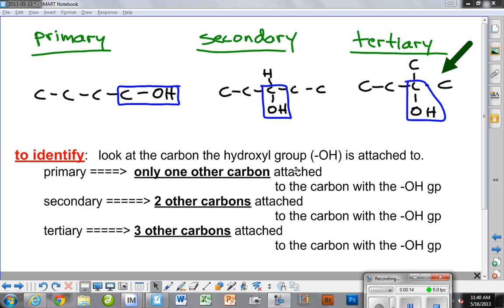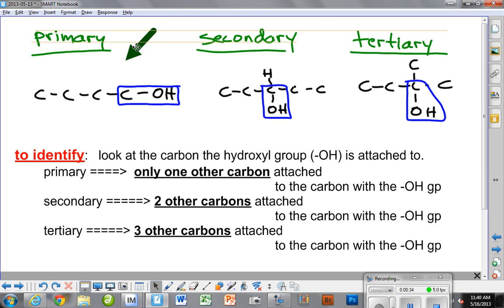The first thing that I did in class, after everybody had a chance to get things copied down, was to look at the primary, secondary, and tertiary lesson that we did yesterday. This was a review, so I'm going to go quickly because it's in yesterday's recording also. Here we have an example of a primary alcohol.